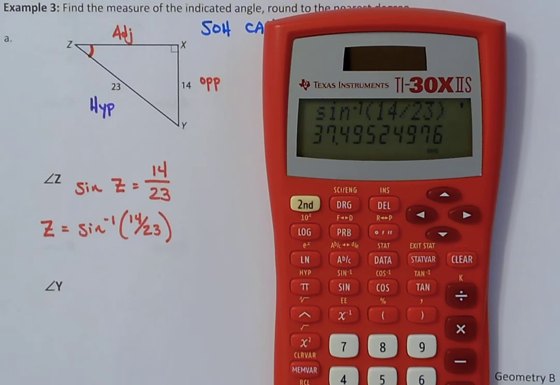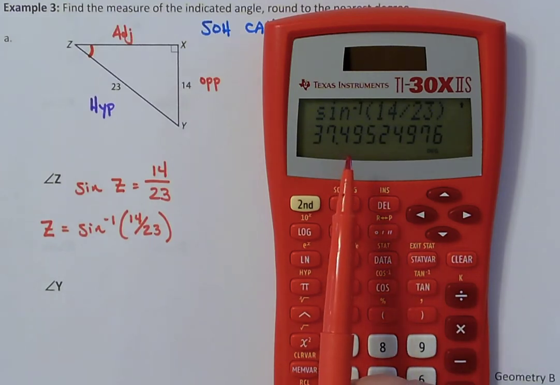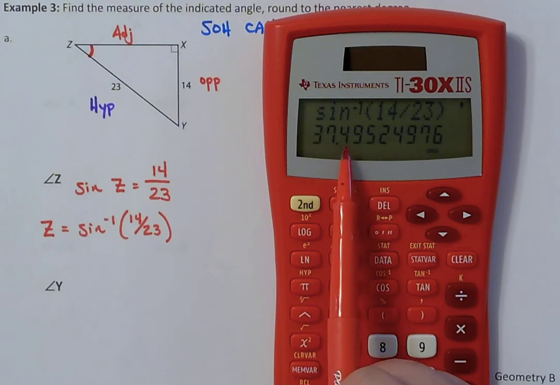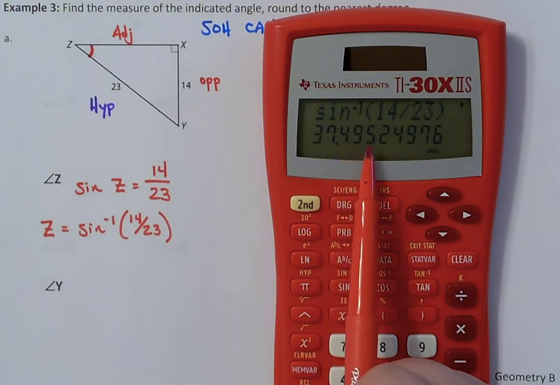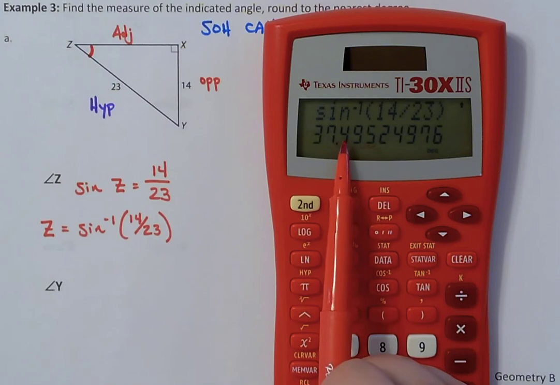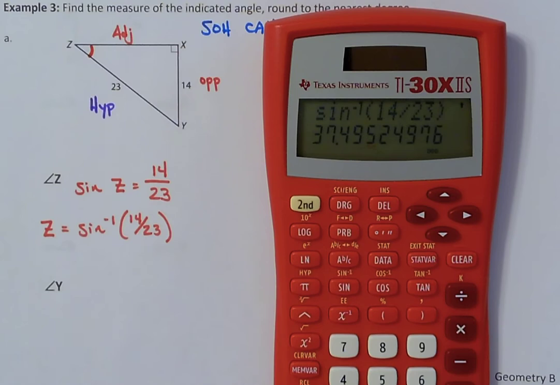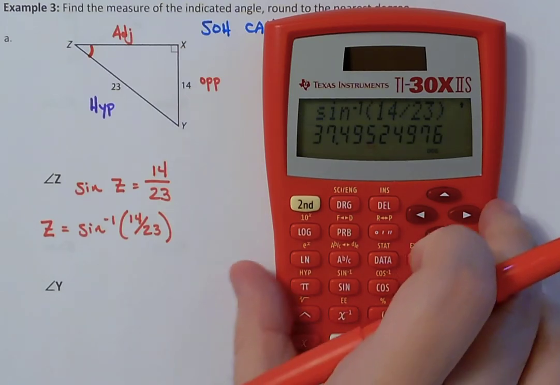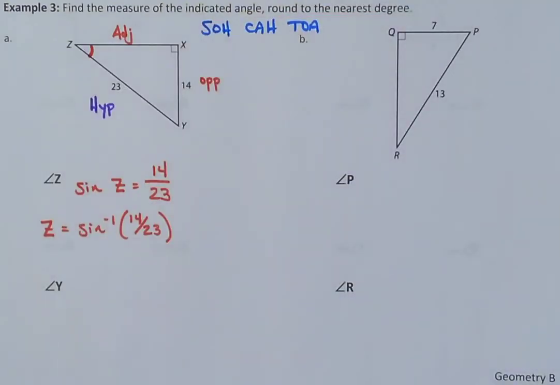We want to round for this. If we go all the way back, this 37.495, this 5 is going to indicate to us that we need to round up, just like the 9 indicates to round up as well. So that makes this a 5. So 37.5, for rounding to the nearest degree, this needs to be 38.